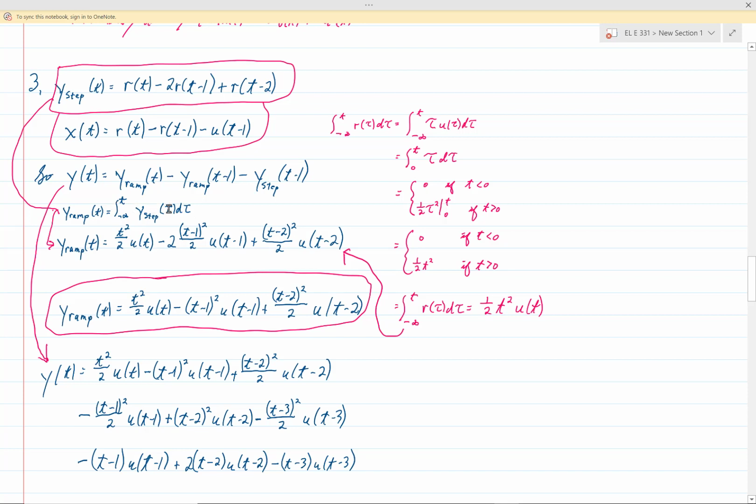Okay? So, what happens, we want to now integrate the y step, and y step is given up here.